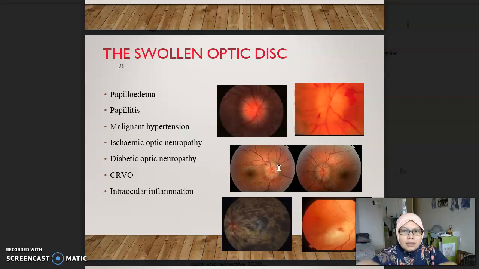They say it looks like a champagne cork bottle appearance. This can be due to papilledema. This can also be due to malignant hypertension. When you describe the optic disc, you describe the color, the margin, the cup, which you cannot see, and then you go to the blood vessels.